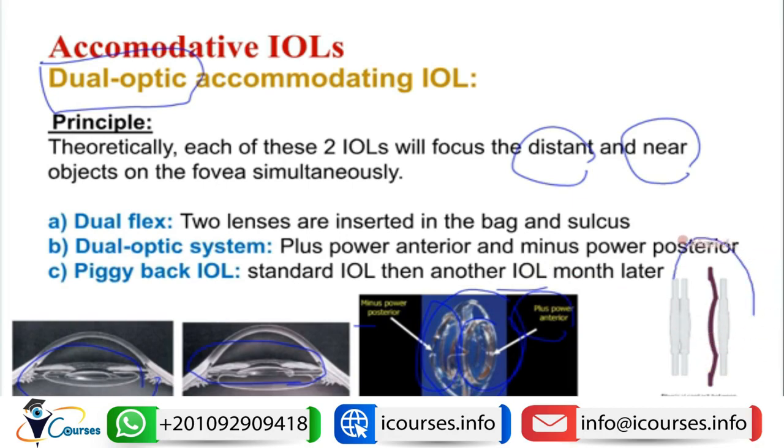But we need to make sure that the posterior lens has a concave surface in order not to have direct contact in the optics between the first lens and the second lens. So again, with the dual optic accommodative IOL, by placing two intraocular lenses inside the eye, the patient can now see near and far targets, and the three designs are the dual flex, dual optic system, and the piggyback IOL.